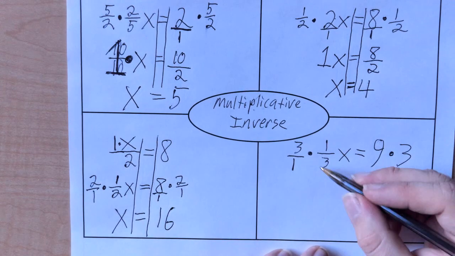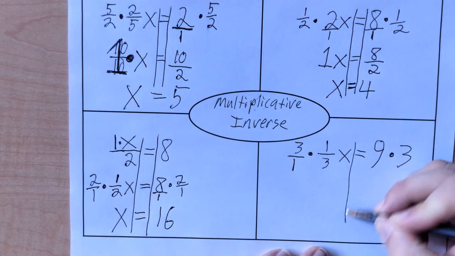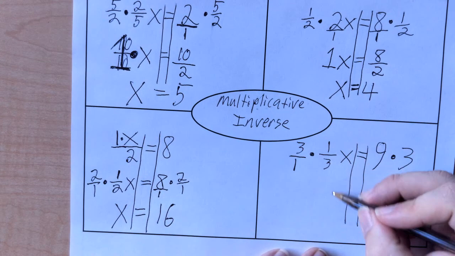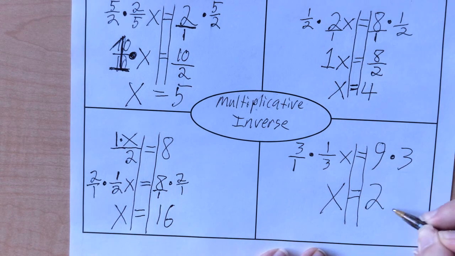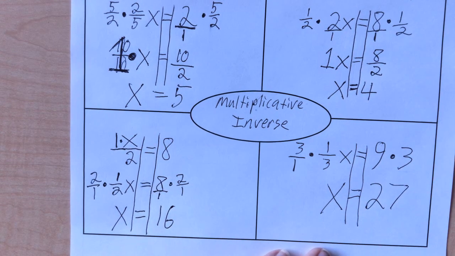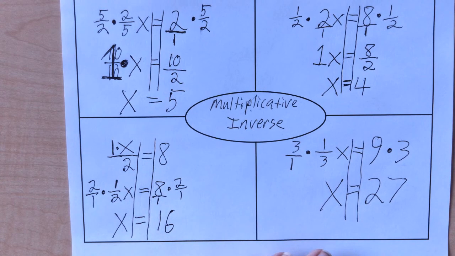Same thing here, right? So on this side of the equation, I just get x. 9 times 3 is 27. Right? So these have been some examples of how to solve one-step equations. Thanks for watching.